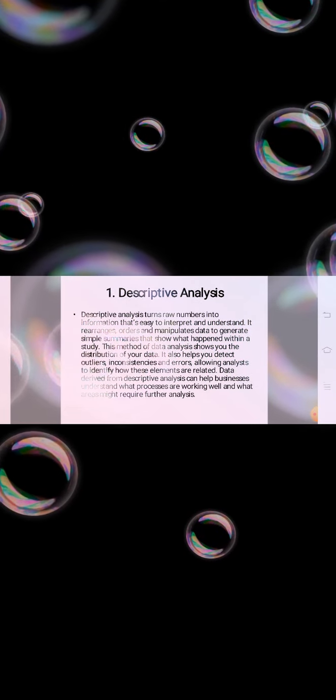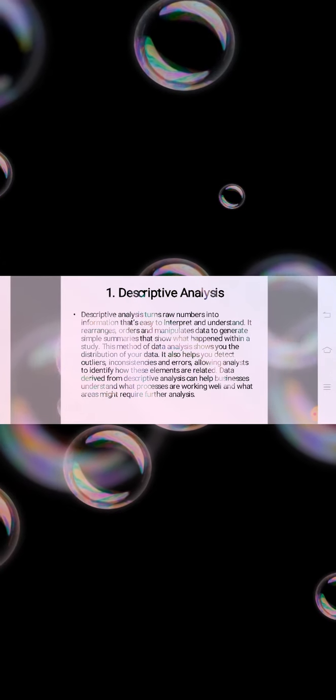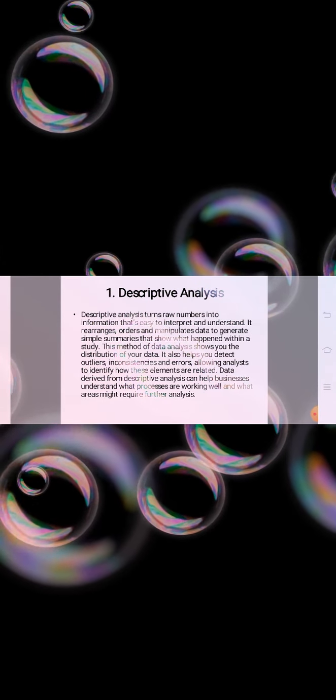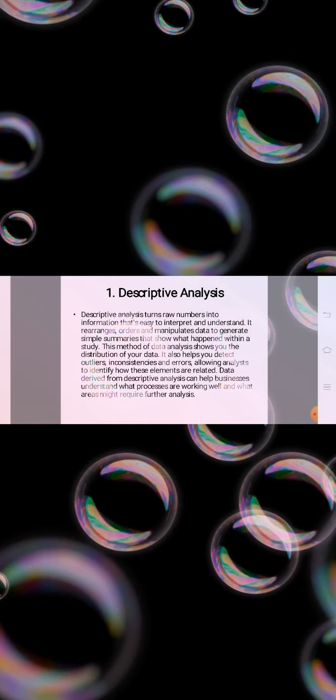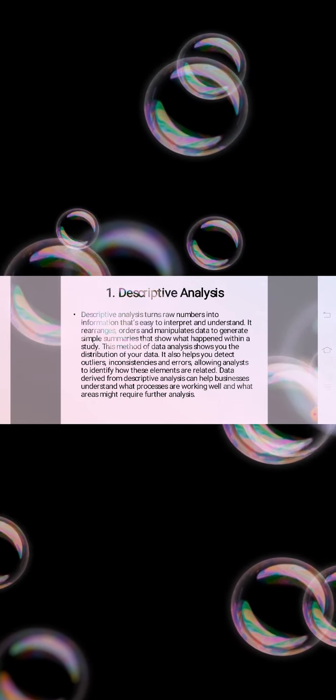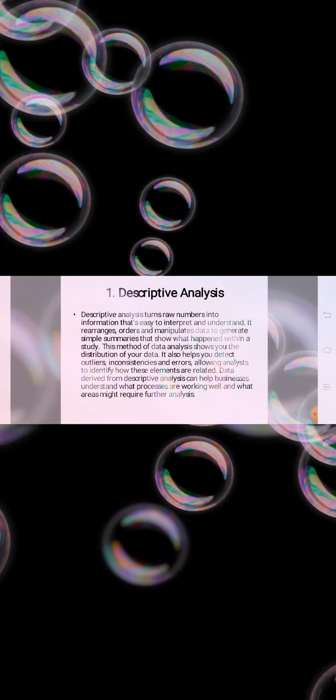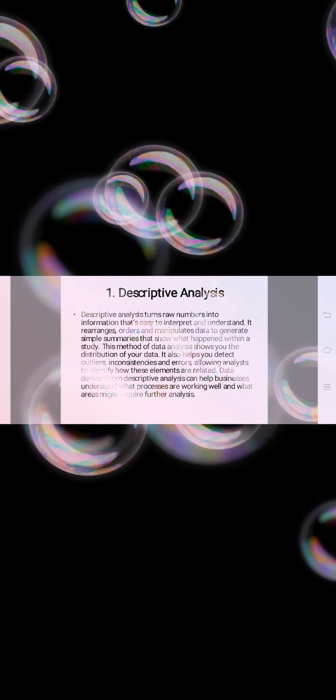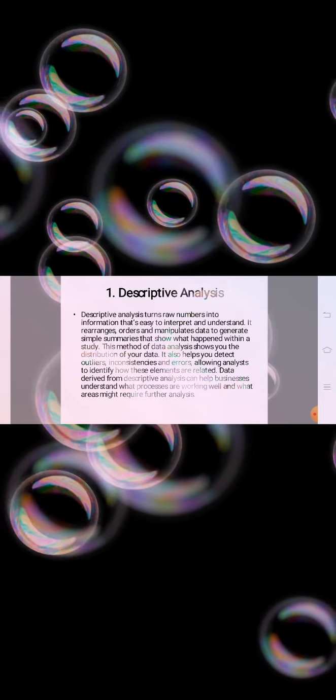This method of data analysis shows you the distribution of your data. It also helps you detect outliers, inconsistencies, and errors, allowing analysts to identify how these elements are related.